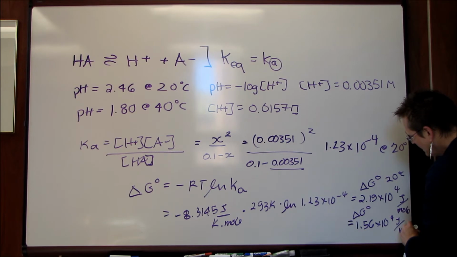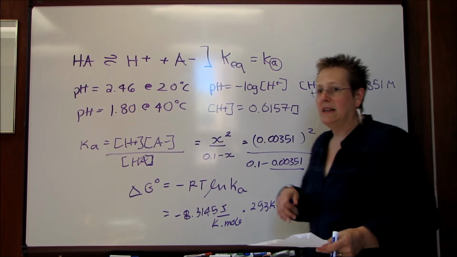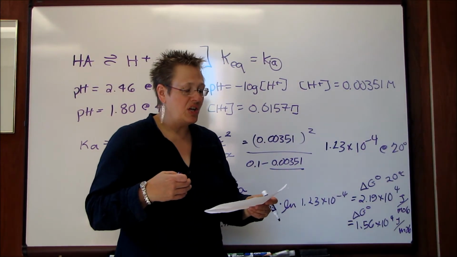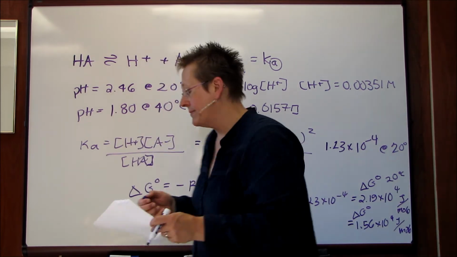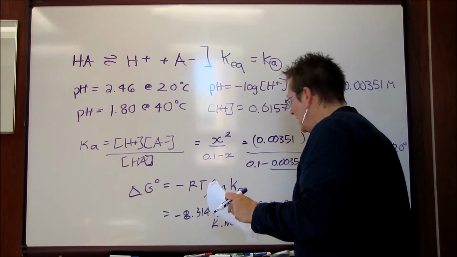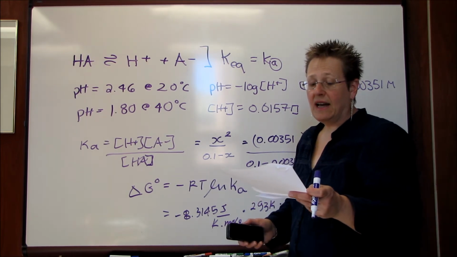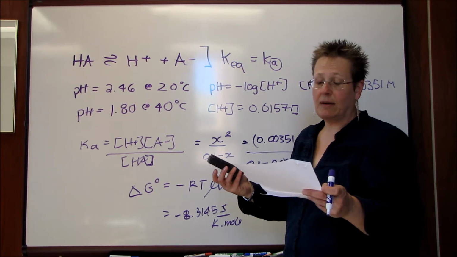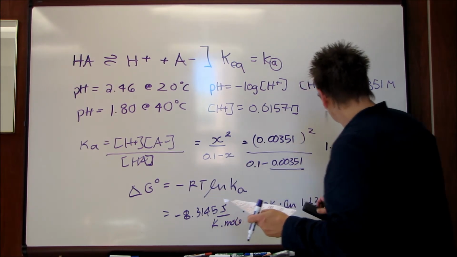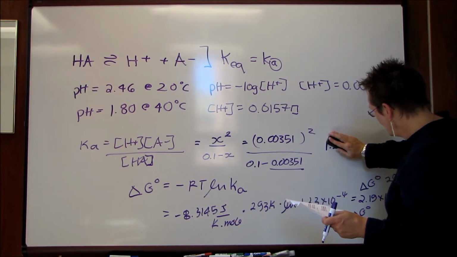So what part one of the question has done is allowed us to figure out two delta G naughts at two different temperatures. All right, so that's the start of the question. The next part is to determine what delta H naught and delta S naught are, if they're independent of temperature. What are the values of these? So I'm going to erase everything except the answers here.